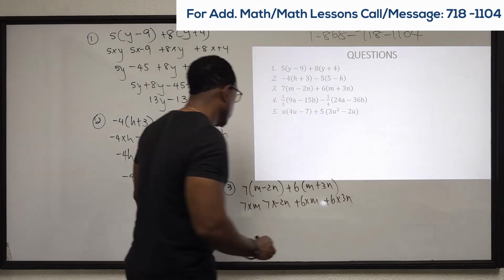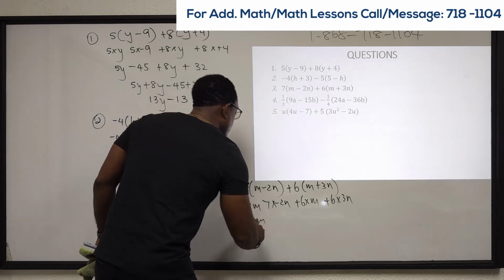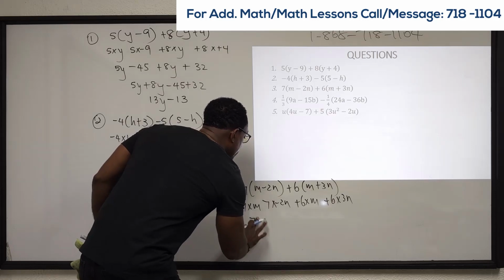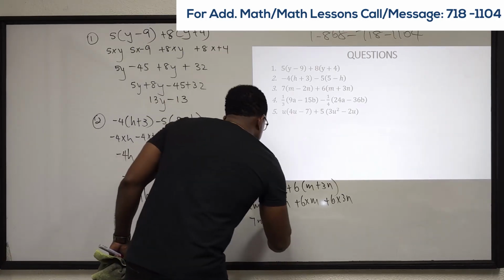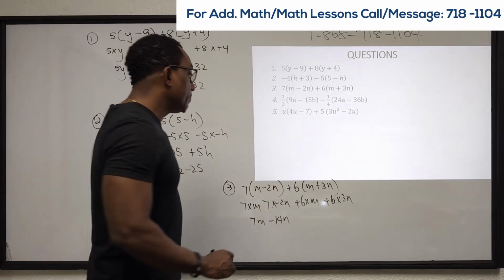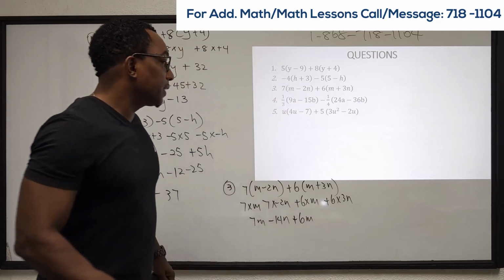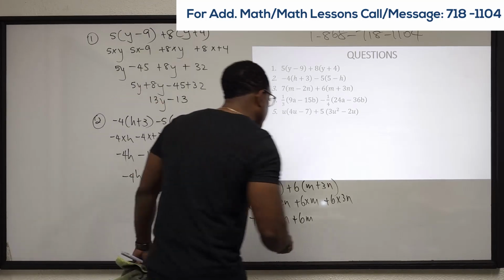So we know 7 by m will give us 7m, and 7 by negative 2n, a plus by a minus is a minus, 7 by 2n is 14n. Plus 6 by m will be plus 6m. And plus 6 by plus 3n will give us positive 18n.